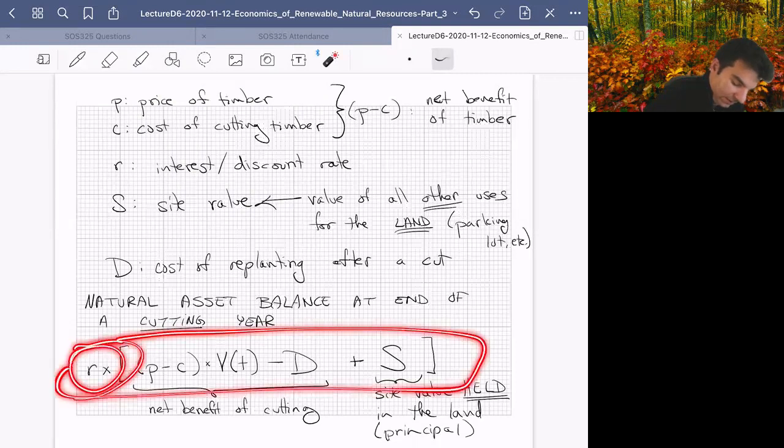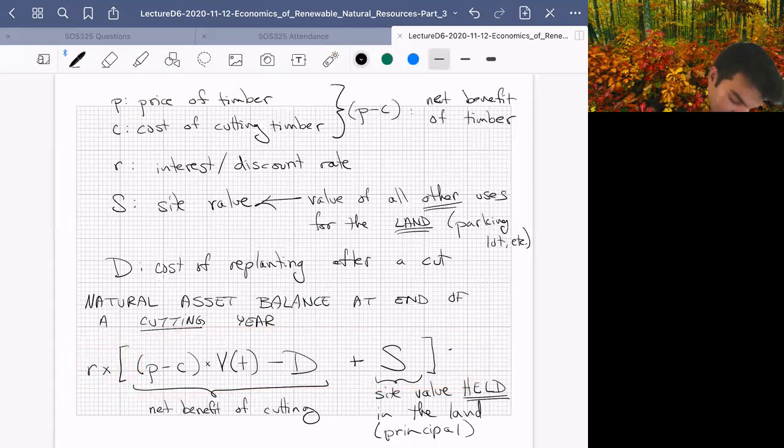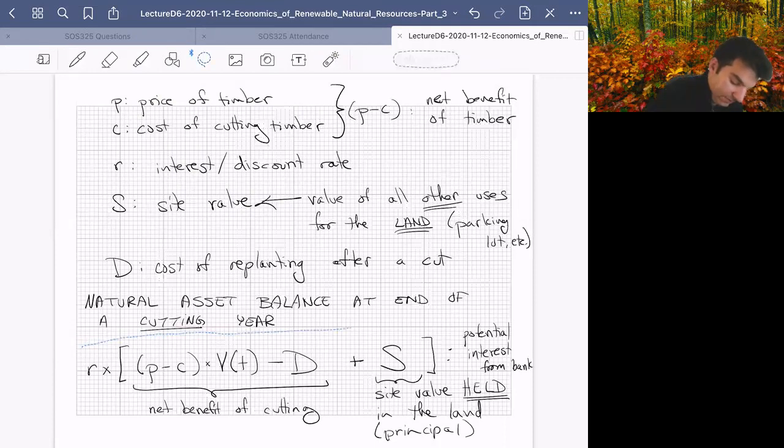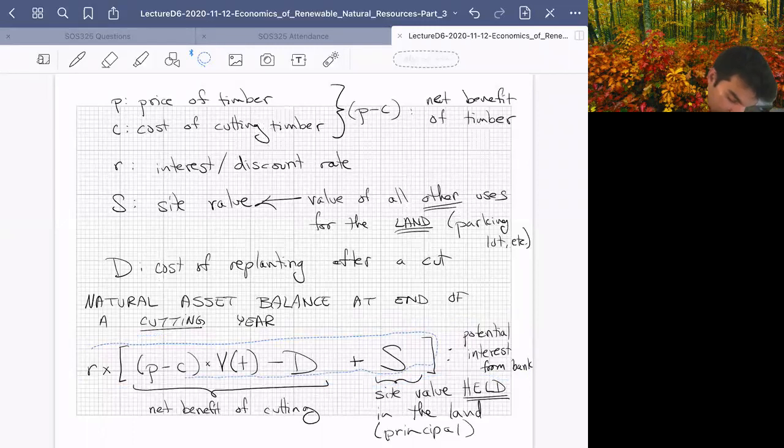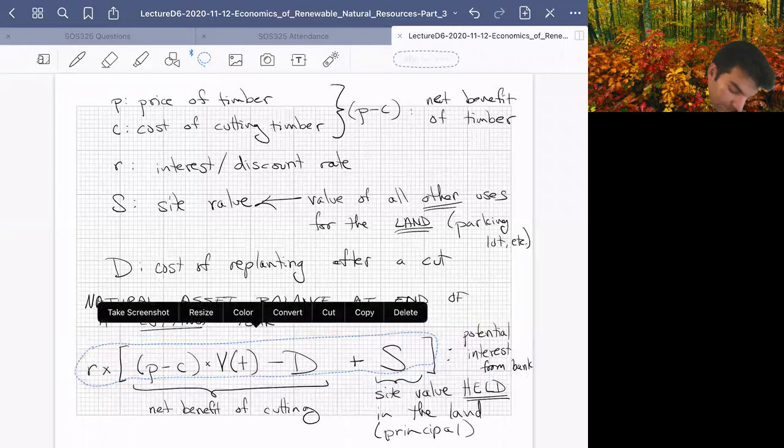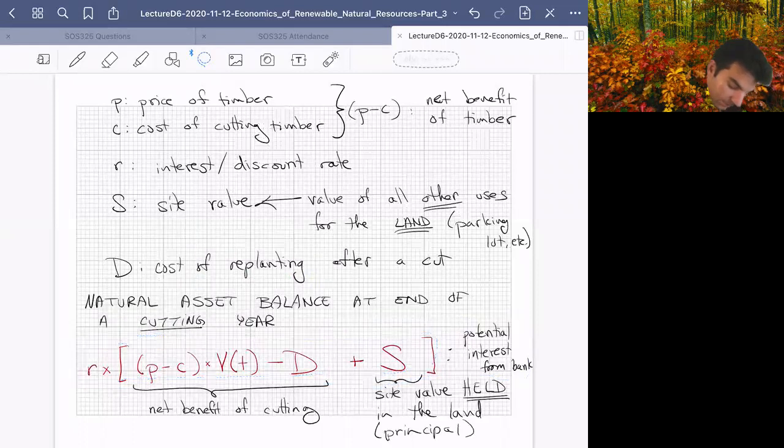So this whole formula, including the R, is the potential interest from a bank. That term right there. So I could maybe highlight that. Well, that's going to change the color of a lot of things. Hopefully that's clear. All right, so that's the potential interest you get from the bank.